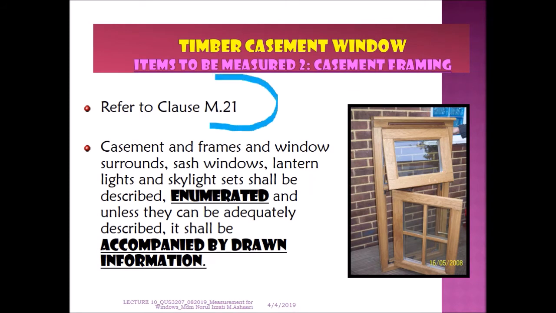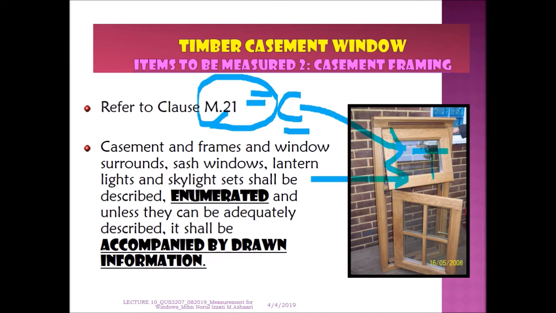If we need to refer to the SMM, the main clause is under composite item. Why we call this one as composite item? Because normally this timber comes together with the glazing. Whether this one comes together or not, normally we have 2 different materials. That's why we call this one as composite material. Okay, for the purpose of the calculation for this casement, normally we have to measure in number.